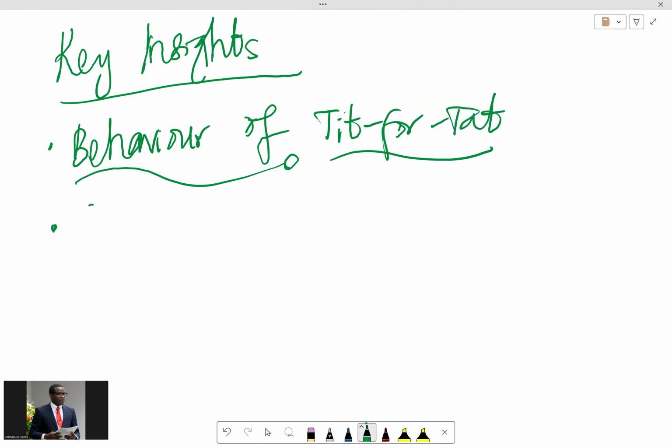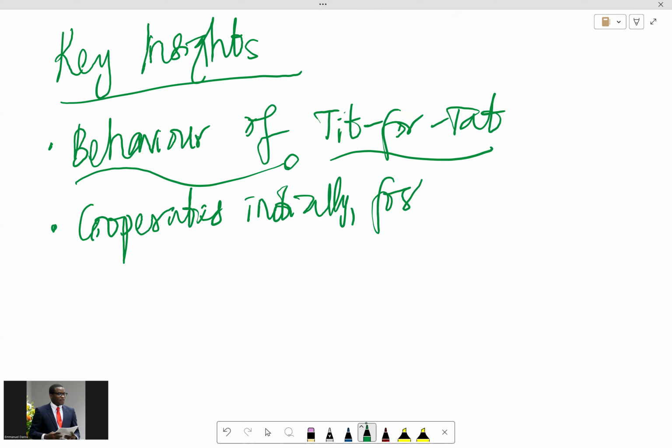Here we see that this person cooperates initially, fostering goodwill. But what happens? Then later it retaliates.